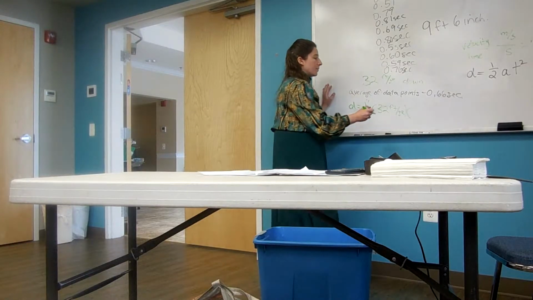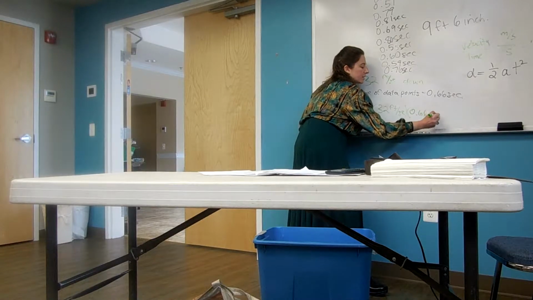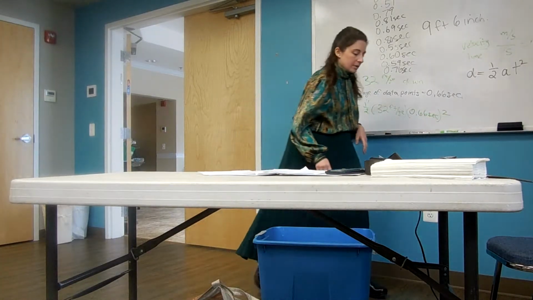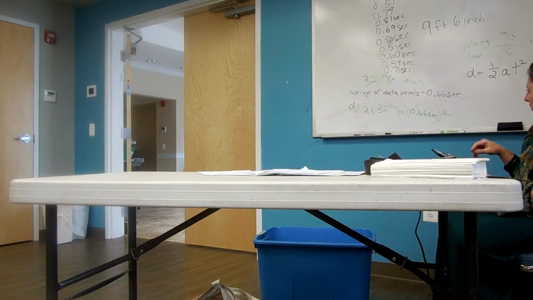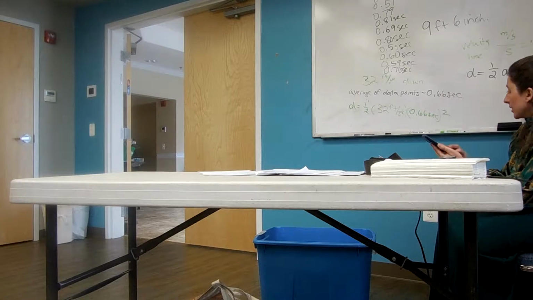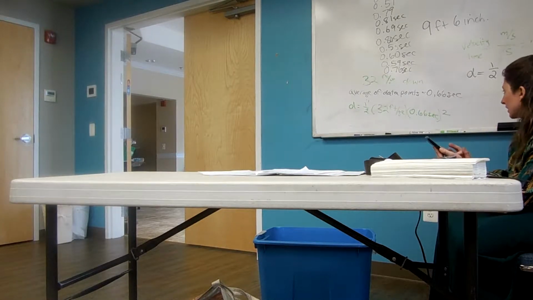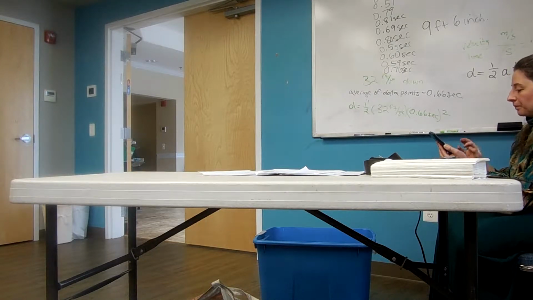So if our time average is 0.66 seconds, then we're going to square that number. So 0.4356. Okay, so what I do with this calculator, and everyone's might be different, is I go 0.66 times 0.66 times 32 divided by 2.